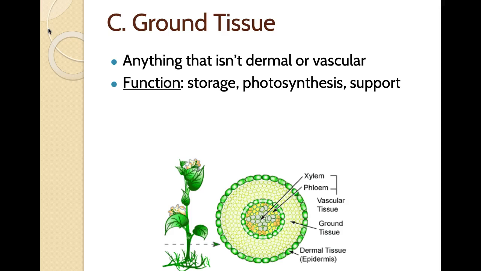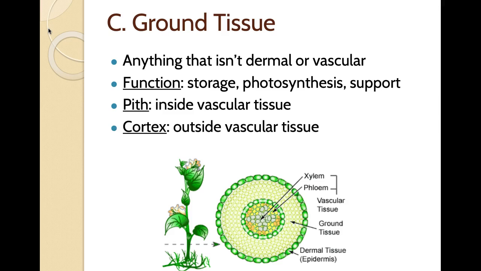There are two locations or terms that you need to know in terms of ground tissue. Pith is inside the vascular tissue. So it's again tissue inside that vascular tissue. The cortex is ground tissue that is located outside the vascular tissue.